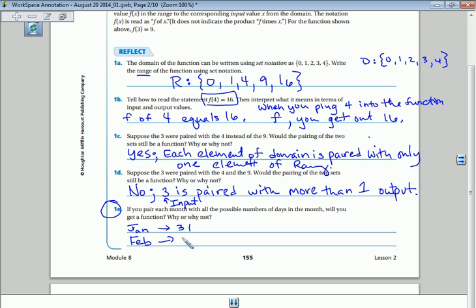February can be paired with what? 28 and 29. So February is our 1 month that keeps this from being a function. February blew it for us. We've got leap year that gives us 2 options for the number of days in a month. Okay. Is that what you were getting to?